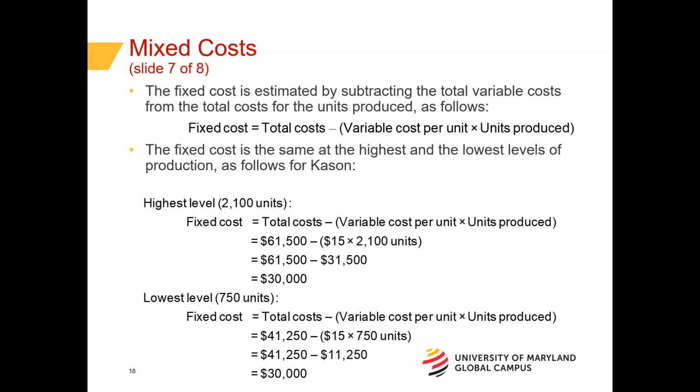To find the fixed cost, we take the total cost minus the variable cost per unit times the units produced. Now, it's very important that you understand what we call the order of operations. Order of operations tells us that we complete what is in the brackets first.